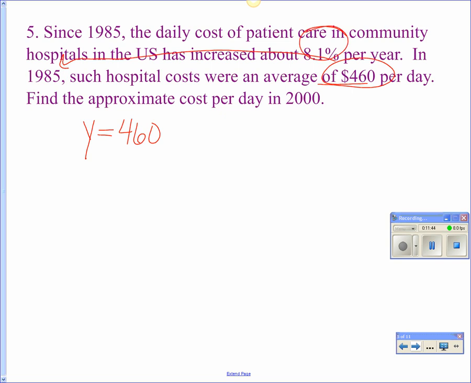Hallie, what do you have to do when you see a percent? What else do you have to do here? Parentheses and a 1. Riley M., is it 1 plus or 1 minus? Good. All right, Stephen A., how do you do 8.1% as a decimal? Very good, 0.081.